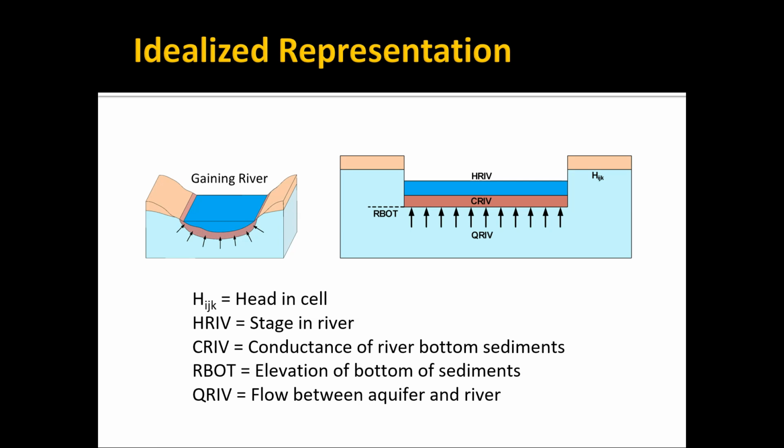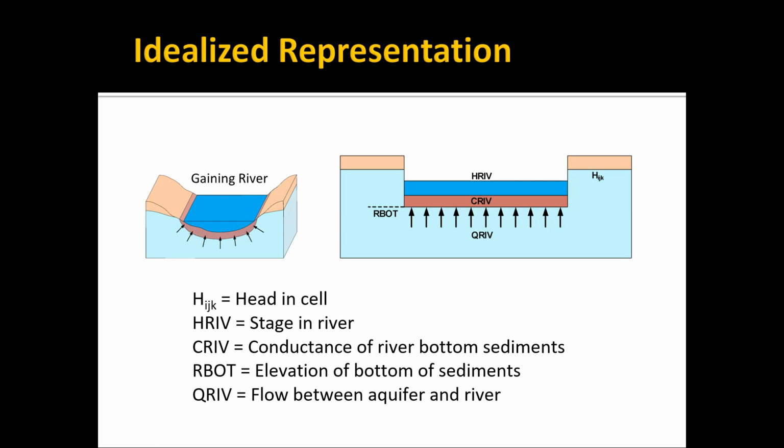For every river cell, when you're using the river package, you select a set of cells, you identify the cells where the river is located, and for every cell you have to input HRIV, the river stage, CRIV, the conductance, and RBOT, the elevation of the river bottom sediments. Those three values are user defined.